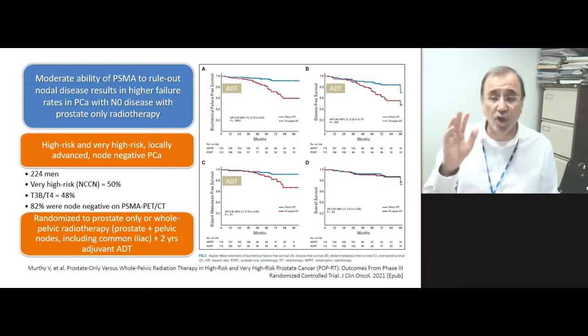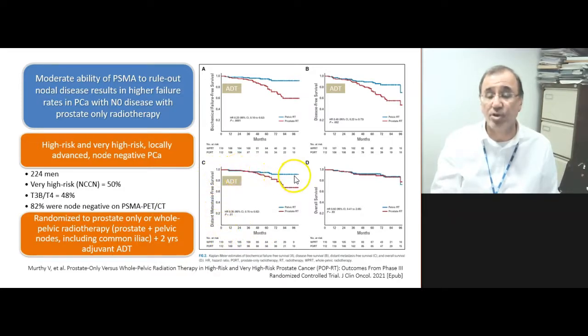These patients were node negative on PSMA PET-CT scans. When you follow these patients up over time, what you notice is that the distant metastasis-free survival in patients who had prostate and pelvic radiotherapy was better than if they only had prostate radiotherapy.